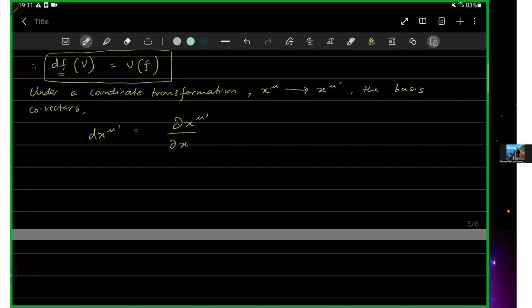Because whenever we have a particular coordinate change, the basis or the basically underlying coordinates actually change via the Jacobian, right? Where this part over here is just the Jacobian, which essentially tells you how the new coordinate system is related to the old coordinate system, right? Via the partial derivative. So essentially, when you have a transformation as such, the basis covectors will just transform via the Jacobian as follows.